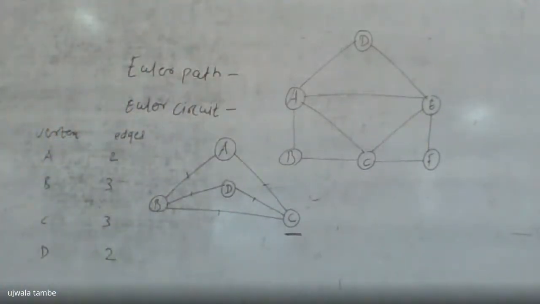Krisha says it is possible from B. Okay, so post your answer in chat box, Krisha. What will be the possible circuit path? You have to mention it in chat box. Start from B.